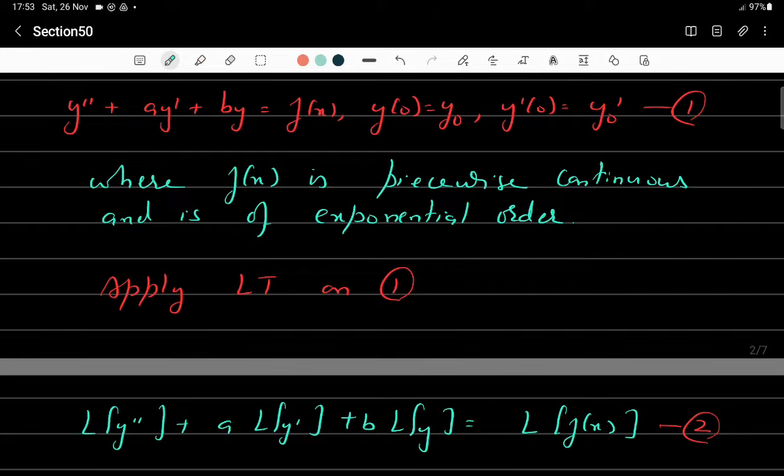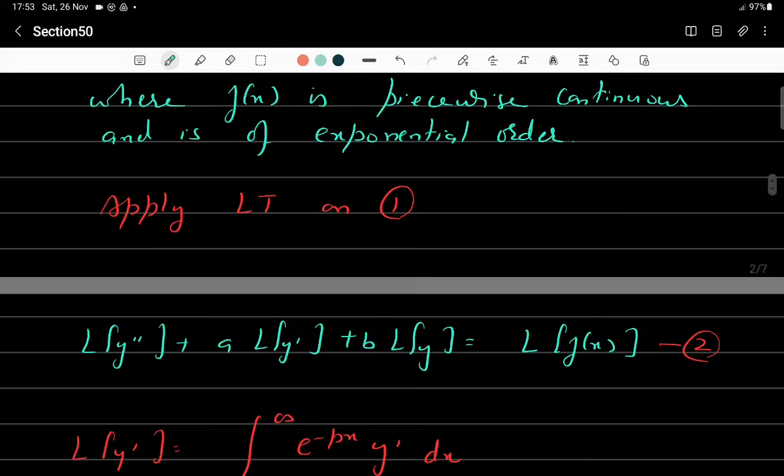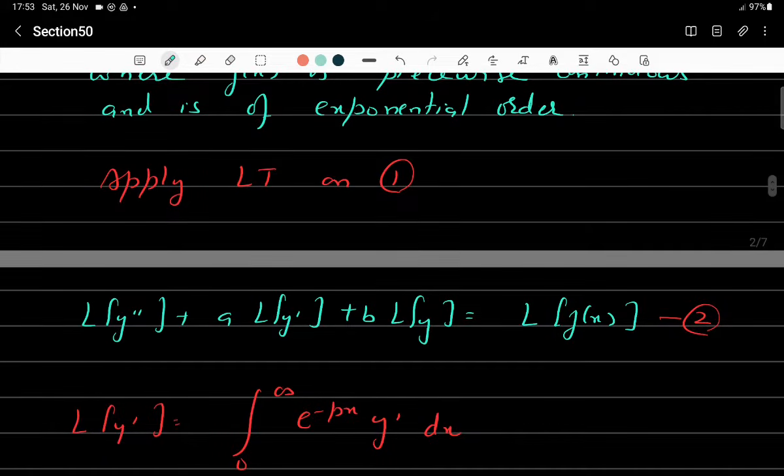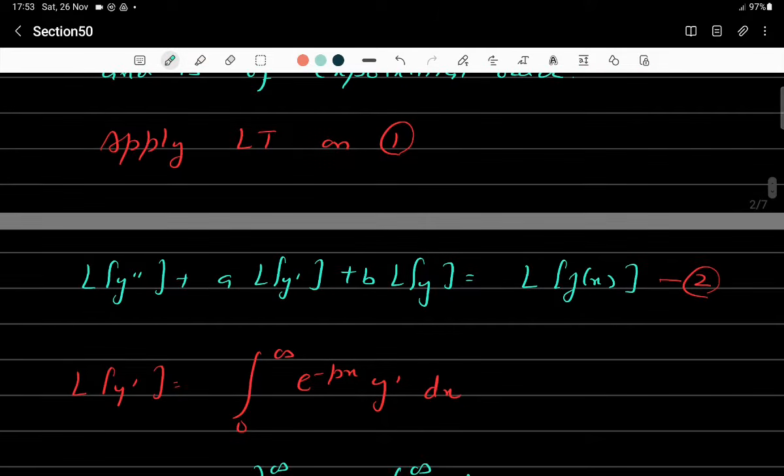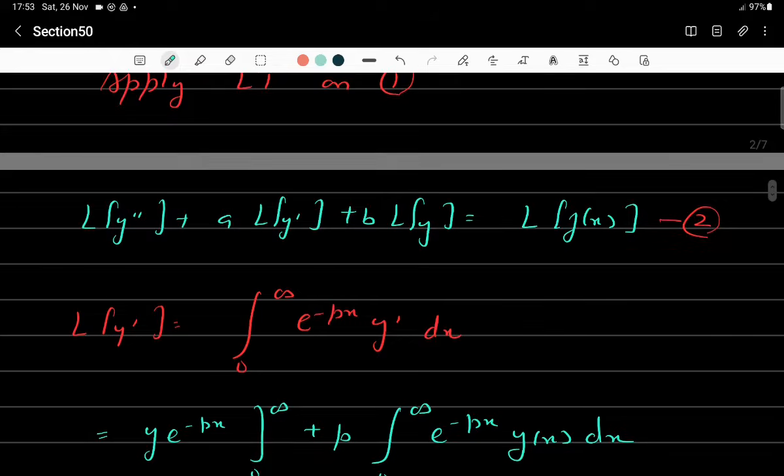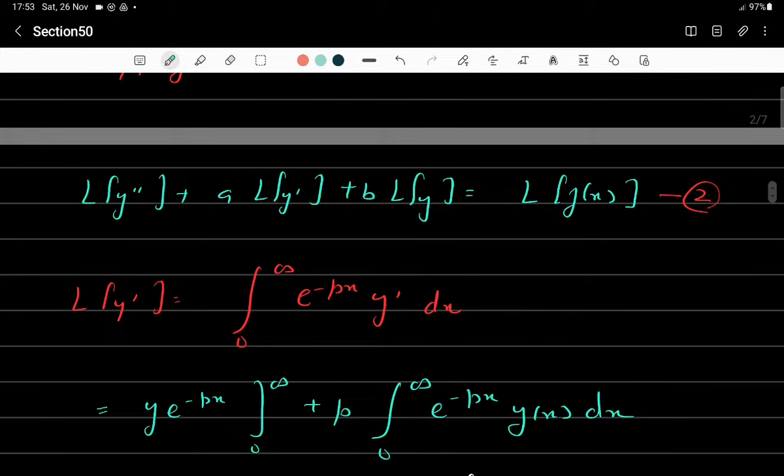So let's try to find by yourself what L of y dash is using the definition. It comes out to be the integral from 0 to infinity of e raised to power minus px times y dash dx. I consider e raised to power minus px as the first function and y dash as the second function, and solve it further. So it turns out to be this. If you see the second term, it is simply p and L of y.